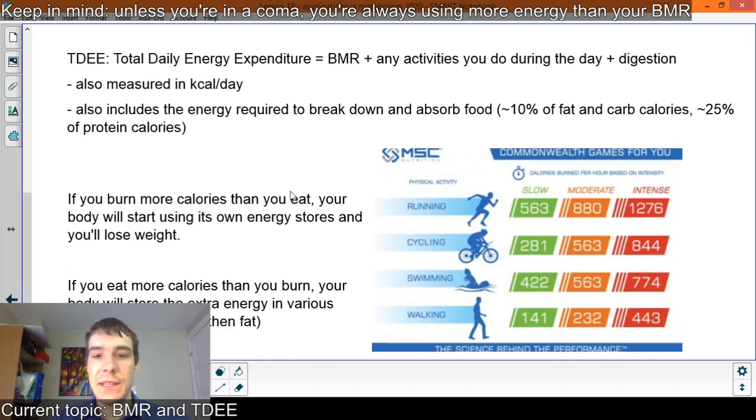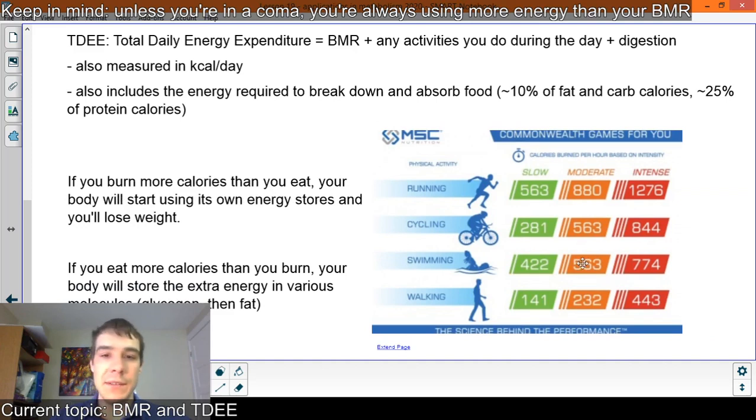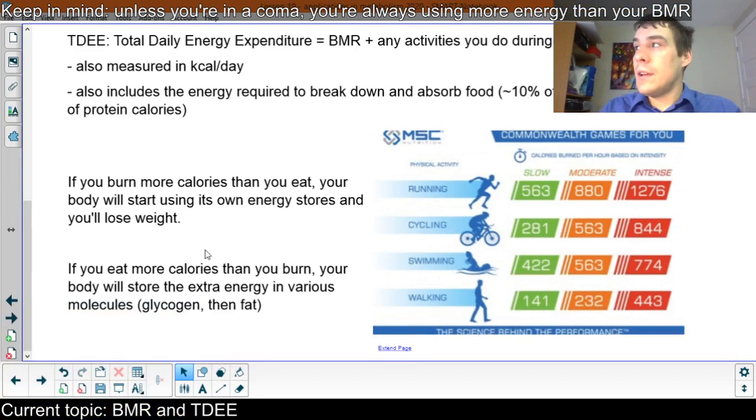And it's generally easier to take in fewer calories than it is to do more activity. Of course, doing more activities has other biological benefits like getting stronger and mental health benefits. So you've got to find that balance. And then on this side, if you eat more calories than you burn, your body is always trying to get ready for any kind of lack of food.